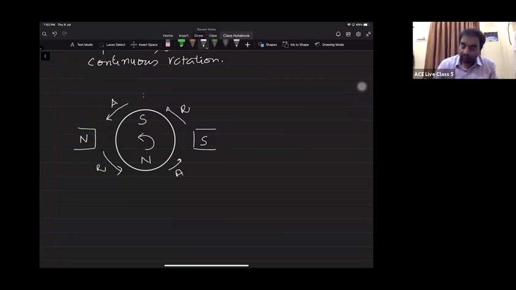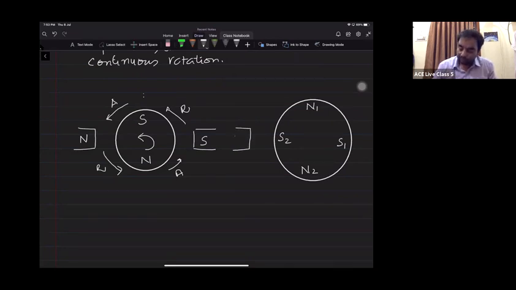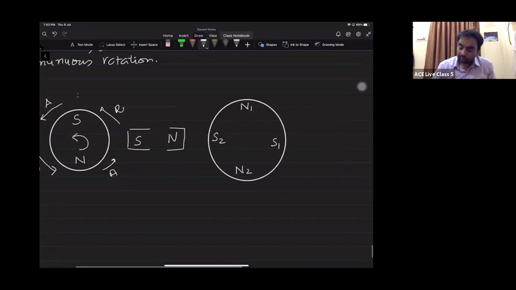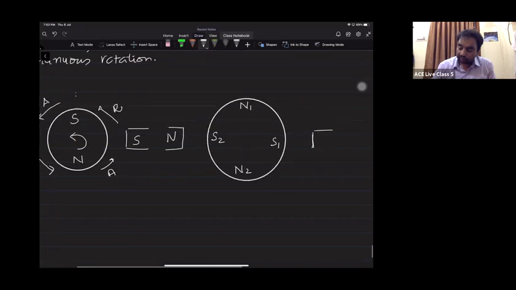Right. But here, what I'm trying to do is design an armature with 4 poles. N1, S1, N2, S2. Let me consider that. So here I'm having 2 field poles. Now you can see these are aligned something like this.